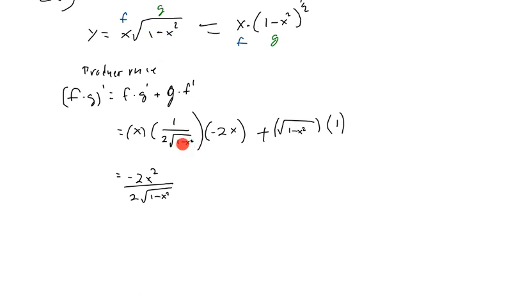The derivative of this inside part is negative 2x, because the negative x squared brings the 2 in front, makes it x. And then when I'm simplifying, multiply the x times x, get negative 2x squared over this, plus radical 1 minus x squared.